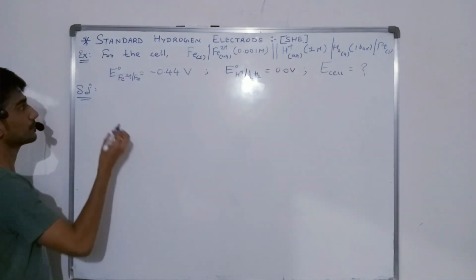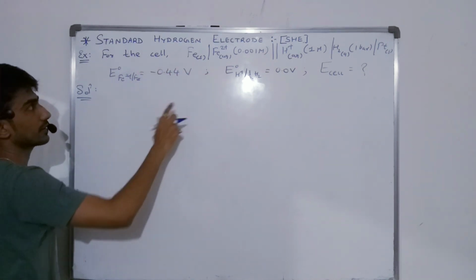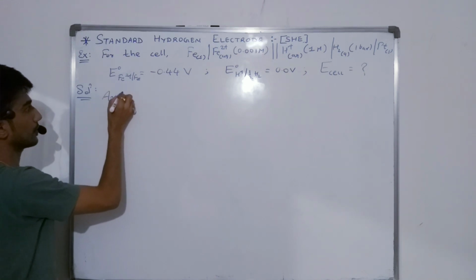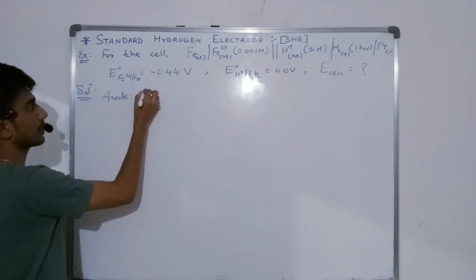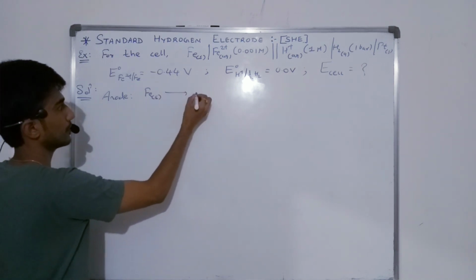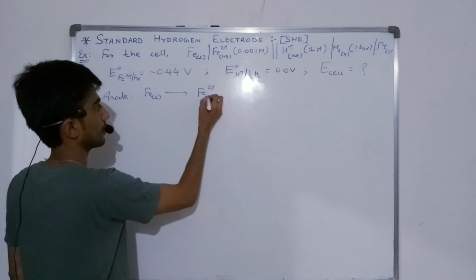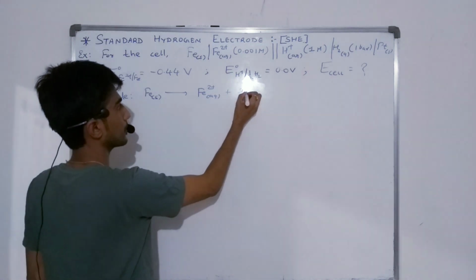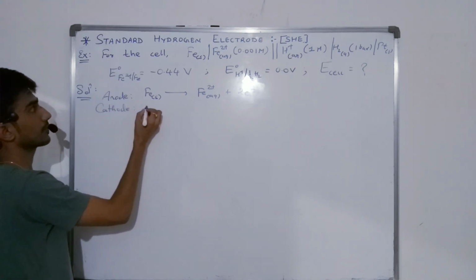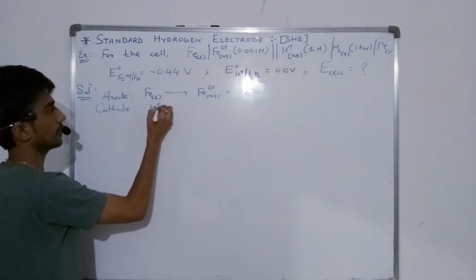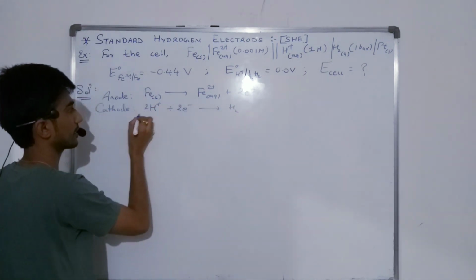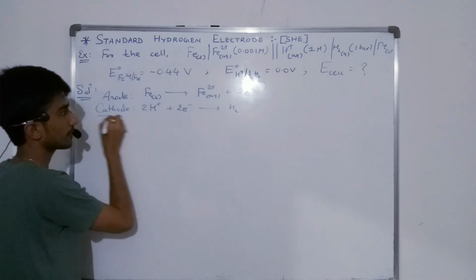Let us solve it the same way. First step is to write the cell reaction. At anode, which reaction is occurring? Fe solid is giving you Fe2 positive by losing 2 electrons. At the cathode, H plus plus electron is forming H2, that is balanced by writing 2 in front of it.